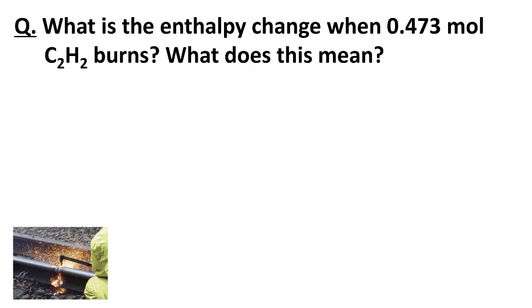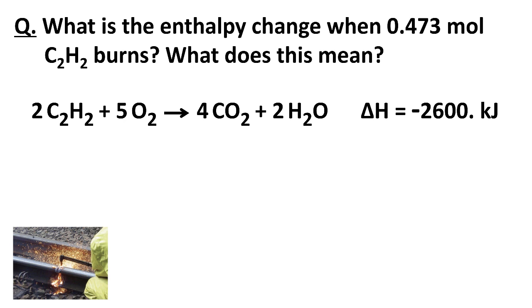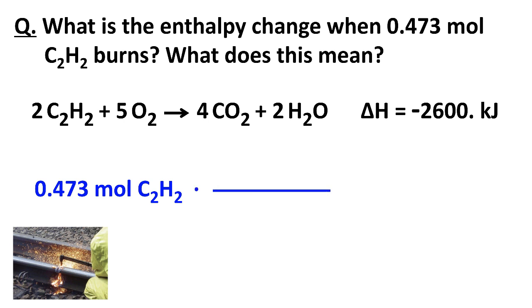Okay, now let's see how we can use this quantitatively, and let's calculate the enthalpy change when 0.473 moles of acetylene burns and see what it means. Well, here is the thermochemical equation, and what it tells us is that 2 moles of acetylene will produce 2,600 kilojoules of energy.